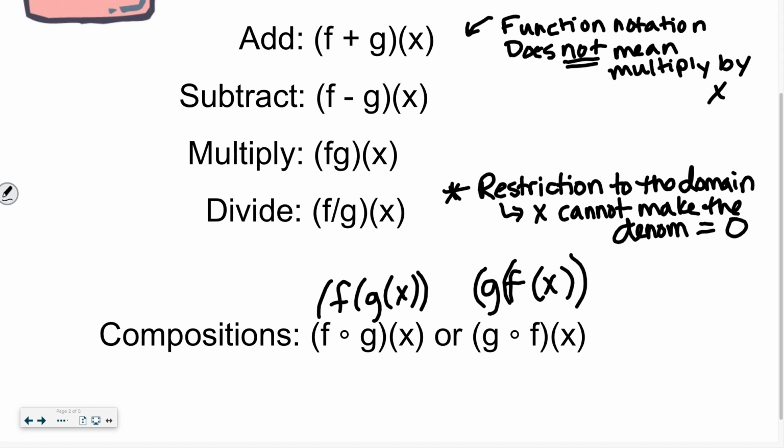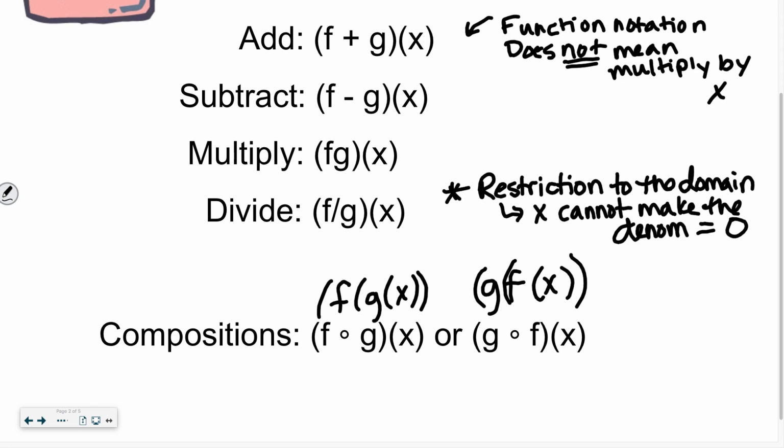If so, I have to restrict my domain and say x cannot be this number, because this number makes my denominator equal 0, and then I can't divide. It's undefined. Okay, so then it wouldn't be a function. Previously, in polynomials, that was our only restriction to the domain, was dividing by 0. We couldn't do it. Now that we've progressed through chapter 5, we know about other restrictions to our domains.